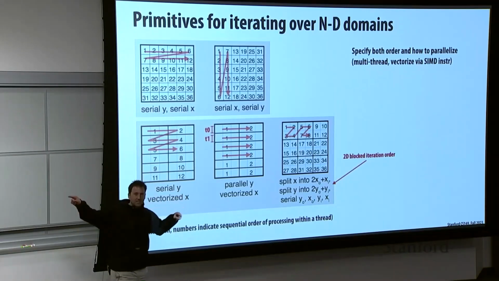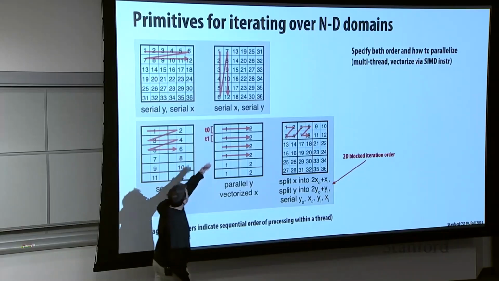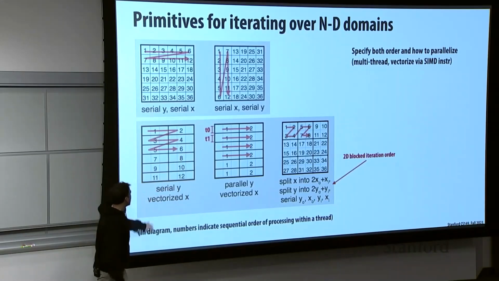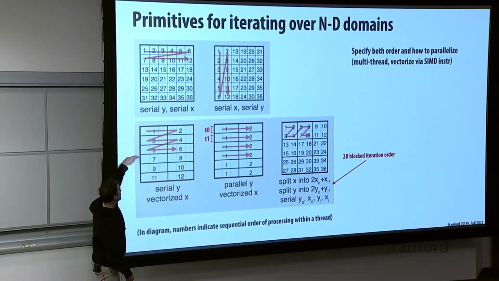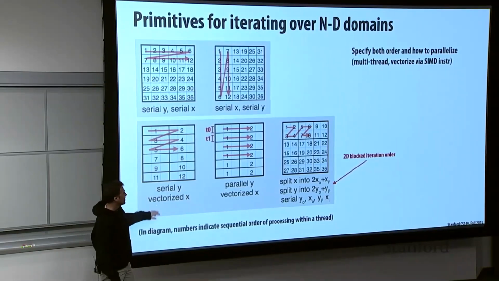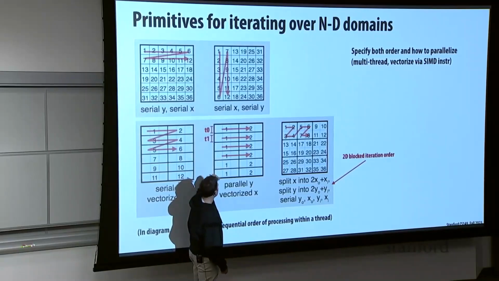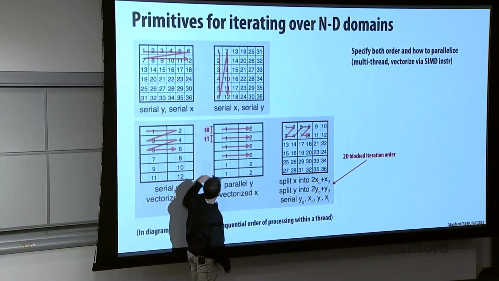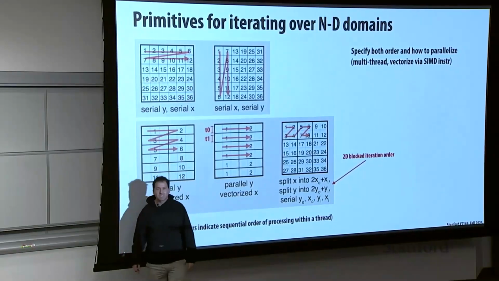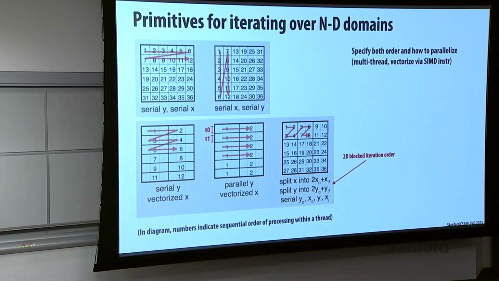I want it to be x major and serial, so just what you'd think. Or I want it to be column major. Or I want it to be serial along all the y's, but along the x direction, vectorized. Or I want it to be thread parallel along all the rows. All the different y's are different threads, but vectorized in this direction. So you have the ability to express all the different permutations that you think you might want.